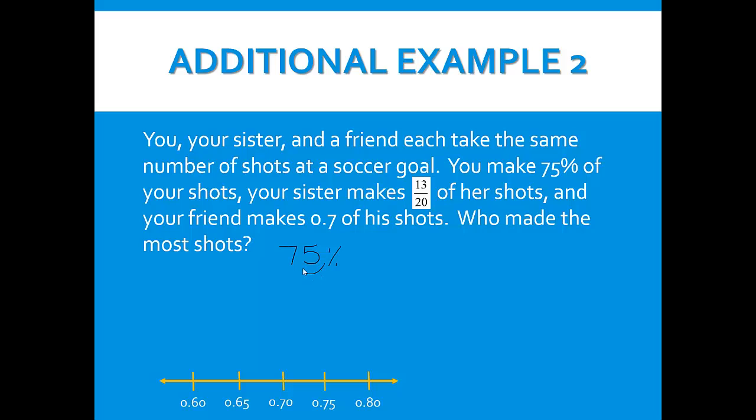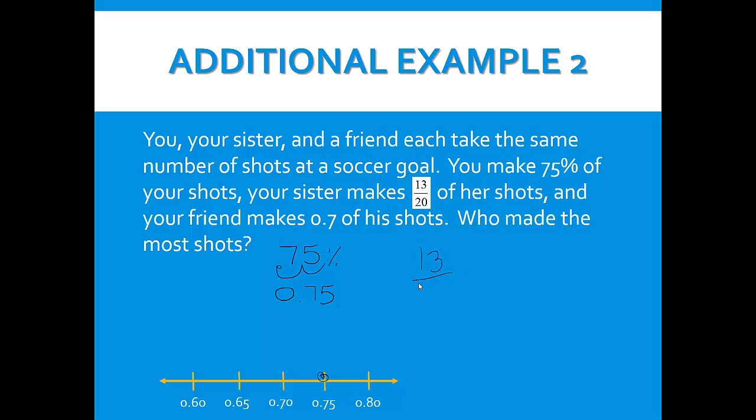We're going to move it 2 places to the left, so 1, 2, and that would give us 0.75. So 75 hundredths. We can order that on our number line, and that would be right here on our number line. Now we can go back and do 13/20ths.